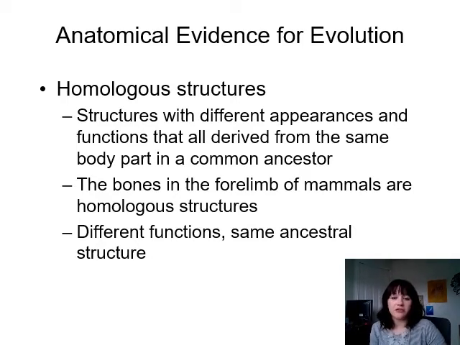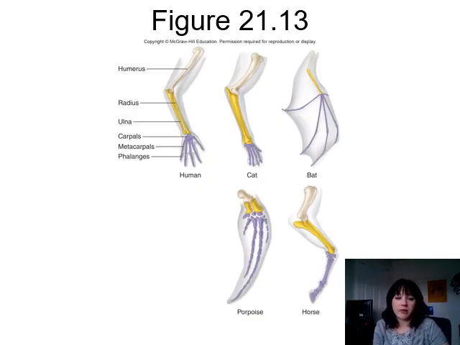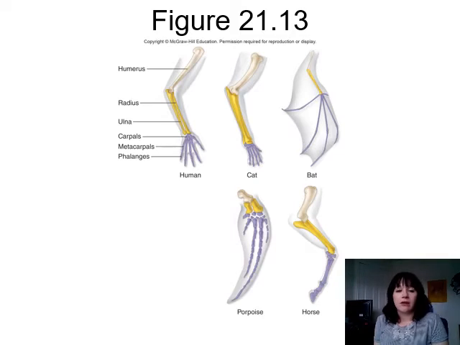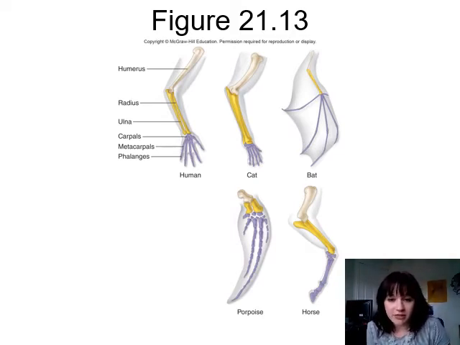structures to look at is the forelimb in mammals. So let's look at a variety of different mammal species, from human to horse. And then you can see that these forelimbs have a variety of different functions, right? Bat is flying, porpoise is swimming, horse is running on the ground. And so even though they have quite a variety of structures, there are some very common things, right?